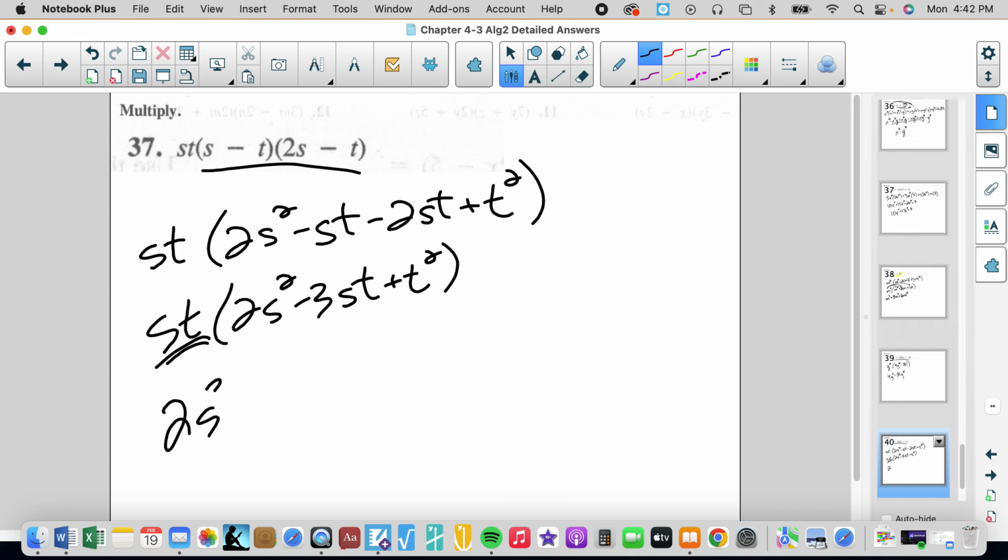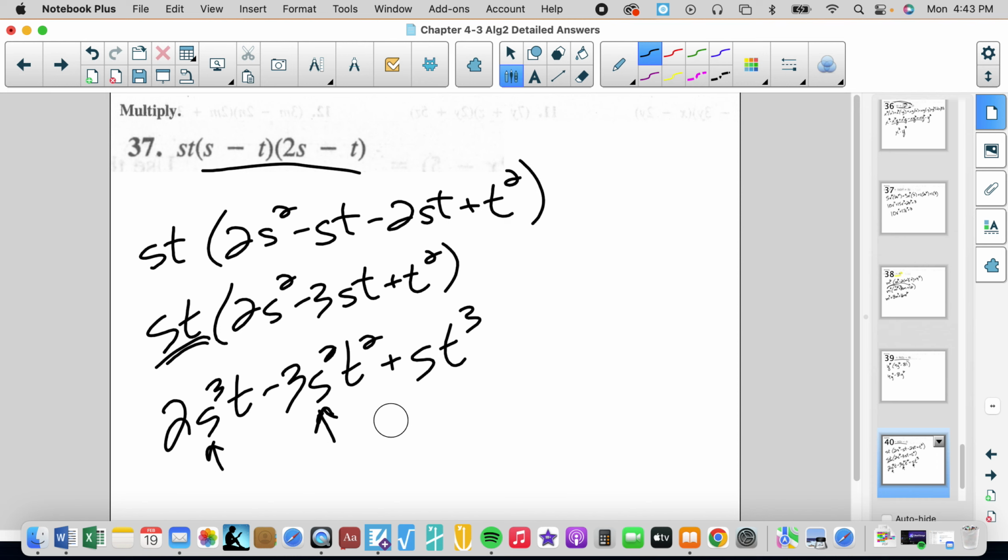So 2s to the third t minus 3s squared t squared plus st to the third. No like terms. It is in descending order. First variable, we have s to the third, s to the second, s to the first. So it is in standard form.